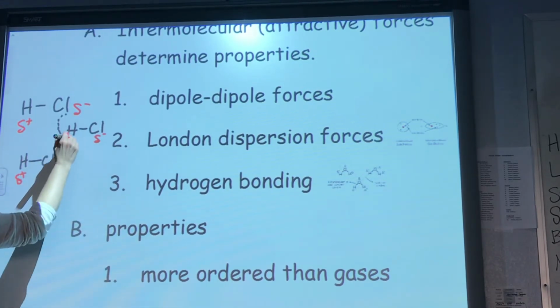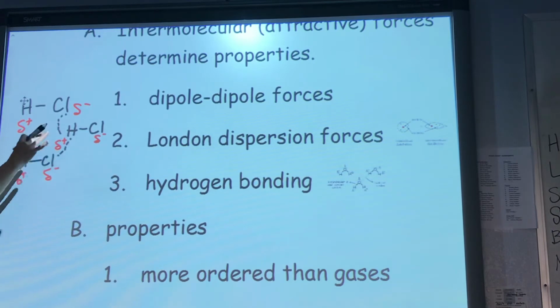So we get these little pseudo bonds of attraction. They're not bonds because they're very easily broken, and it's not like a chemical sharing of electrons. It's more of just a little bit of attraction between these. And when you have two poles, dipoles, and other molecules like it are attracted to one pole or the other, that's called dipole-dipole forces.